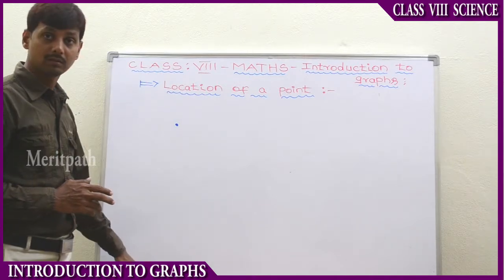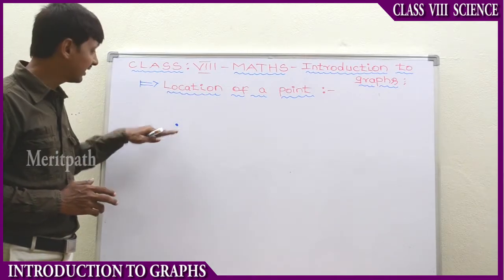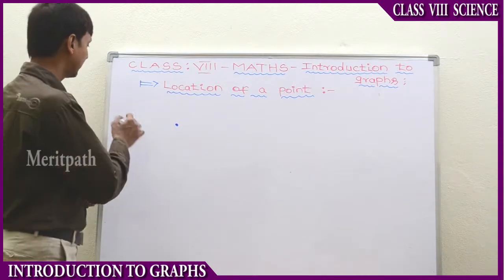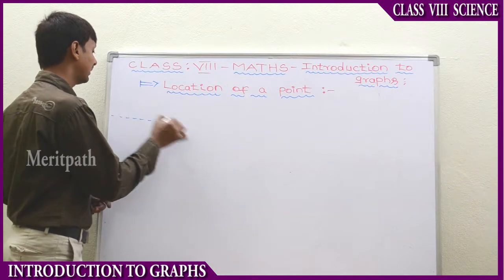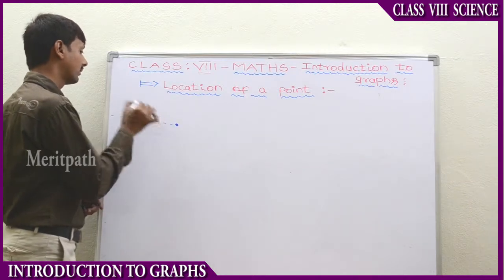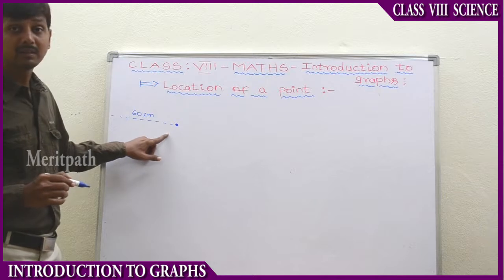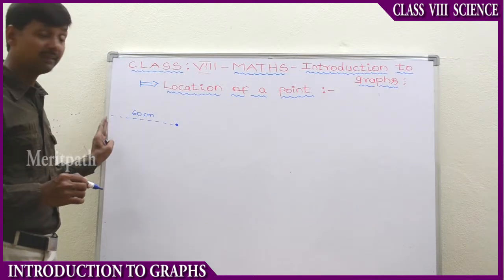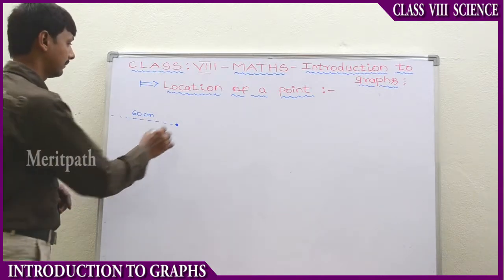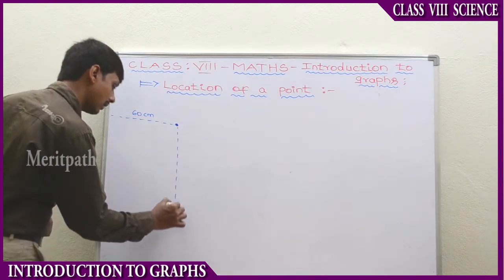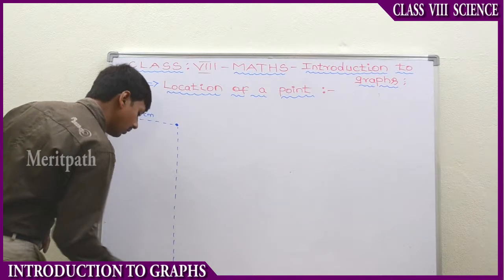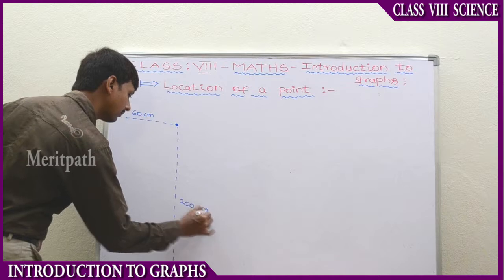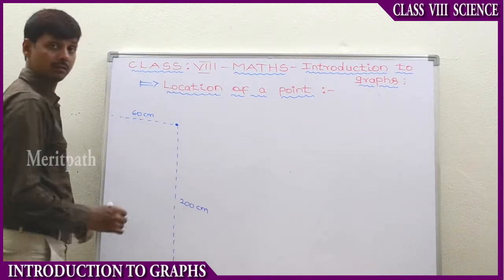And from the bottom there is some distance. If we take any distance from the left, for example, it is 60 centimeters away from the left corner, and this is 200 centimeters from the bottom of the board.